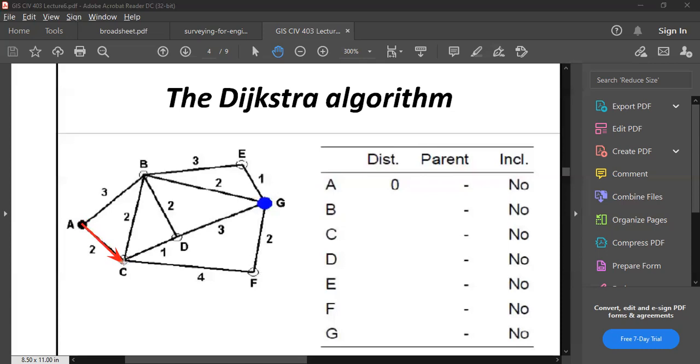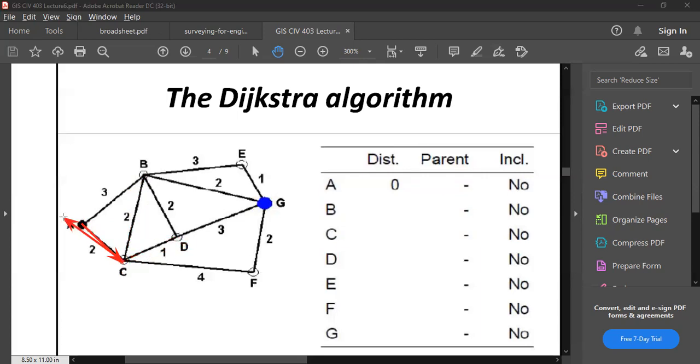Then from C, we start moving again. Then the cumulative cost becomes 4 in this direction. Now 4 is greater than 3. So A through C to B is more expensive than A to B. So now even A to B is becoming an option, so we're not looking at that.